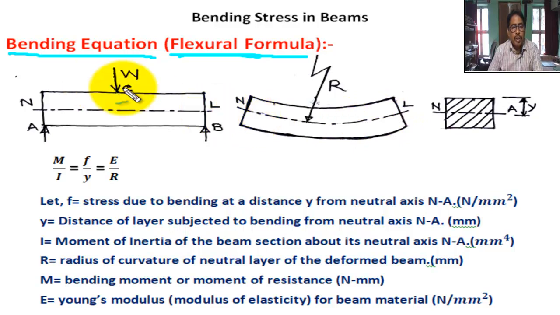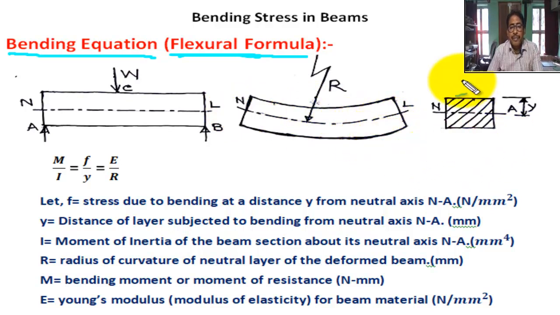When load W acts at the center, the beam bends like a curve. R is the radius of curve NL.